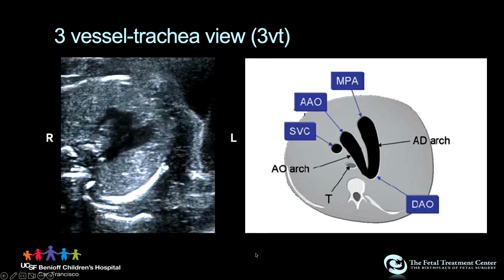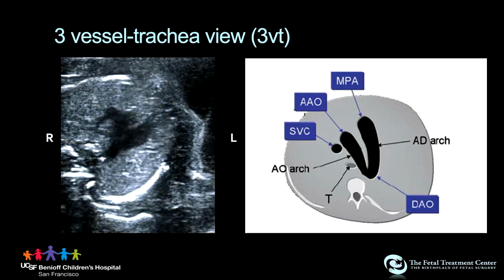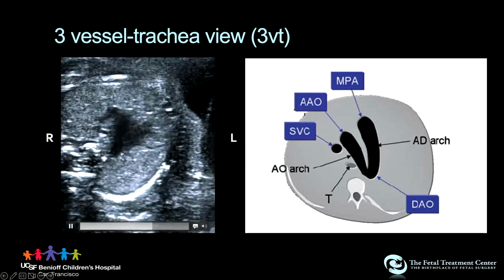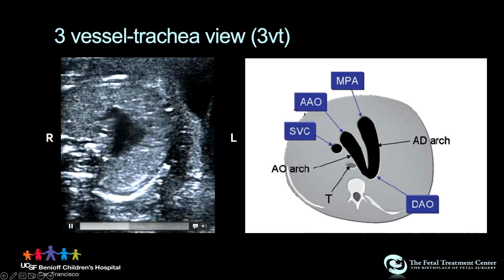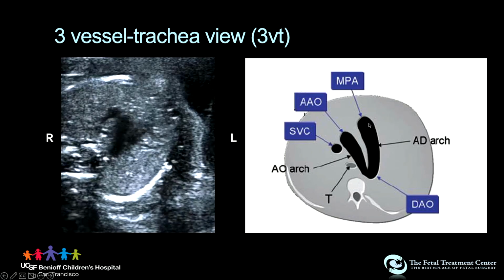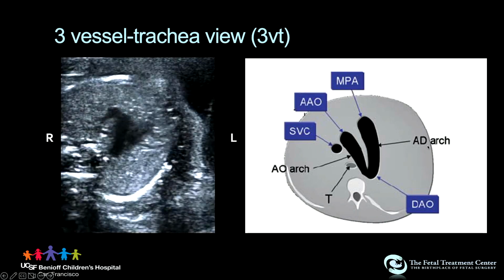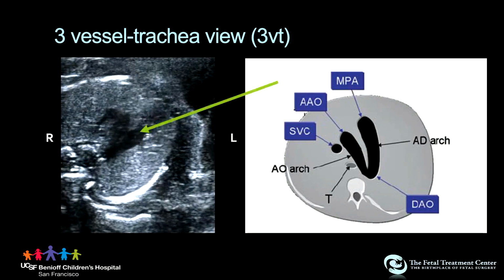And as we heard, it's really important that these two arches, the ductal arch and the aortic arch, make this V shape to the left of the trachea. And this is also another great view to look at the relative sizes of this aortic arch and this ductal arch. The aorta and the MPA can be similar in size, but the aorta might be a little bit smaller, but not by much.